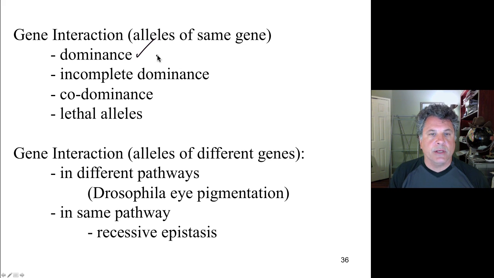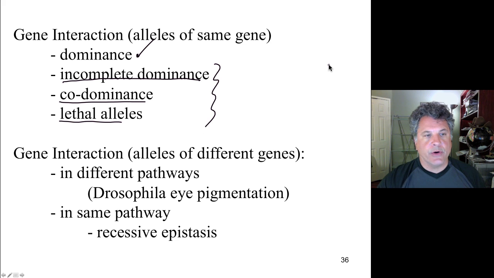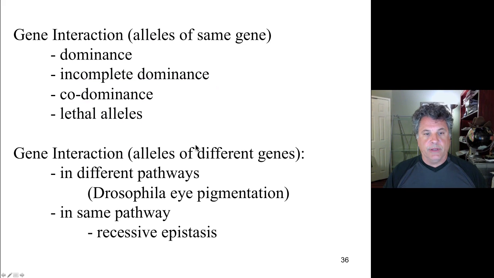We have dominant alleles and recessive alleles. But what about incomplete dominance and codominance and lethal alleles? Those are the 3 topics we're going to consider over the next few minutes. And then we'll move on to gene interaction using alleles of different genes that interact.